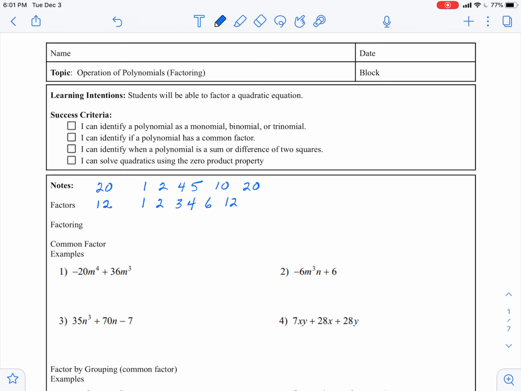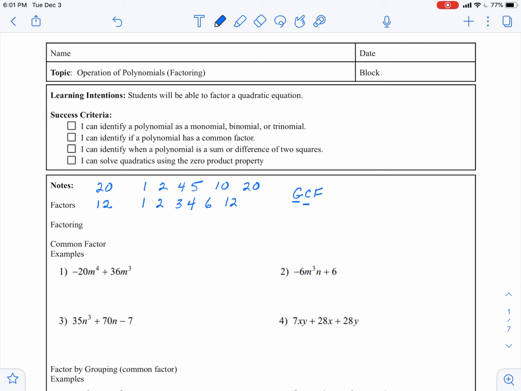And so when I ask you what is the greatest common factor, it is what is the largest number, okay? Largest meaning greatest, that they have in common. So that's what that means. What is the greatest factor they have in common?